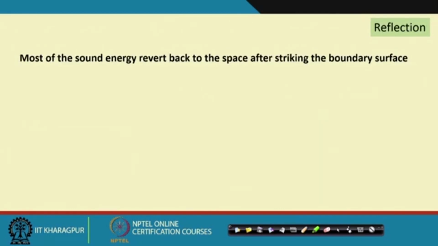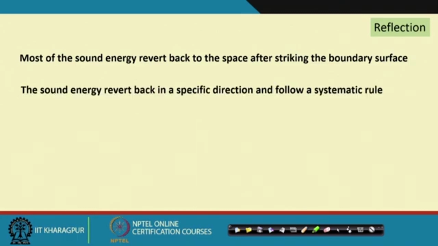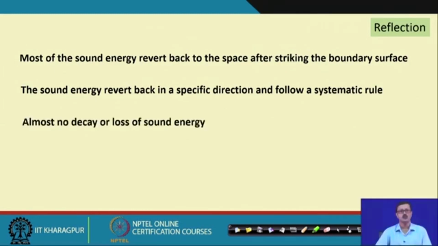Reflection of sound is when sound strikes a boundary surface and is reverted back. It goes in a particular direction following a systematic rule, the law of reflection, which is very similar to the law of reflection in optics. The sound energy incident on a surface is reflected back, so almost no decay occurs in the sound energy; there will be some decay, but very little.